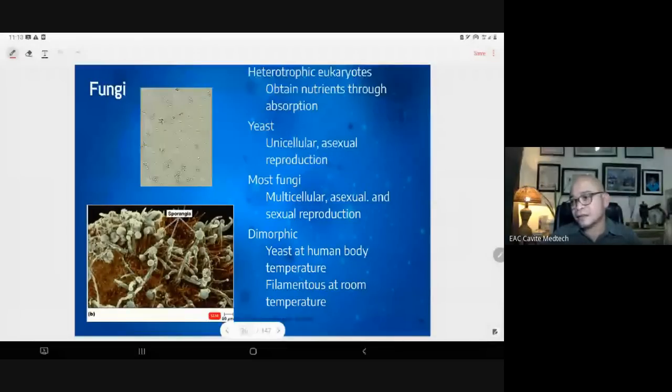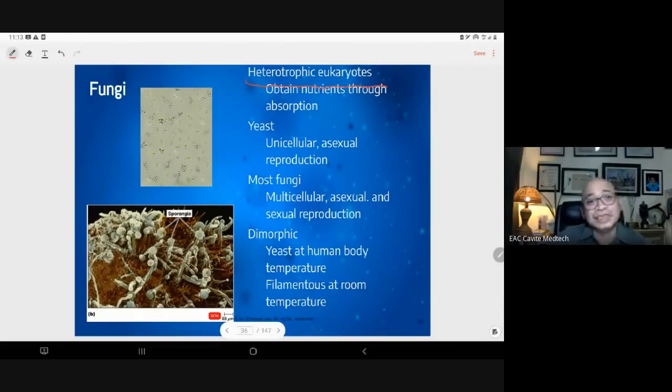Mycology is the study of fungi, which are eukaryotic organisms. Fungi are heterotrophic eukaryotes. When you say heterotrophic eukaryotes, they obtain nutrients through absorption.